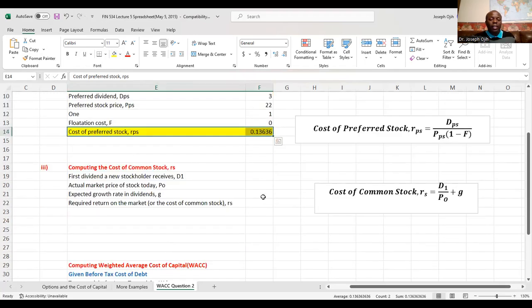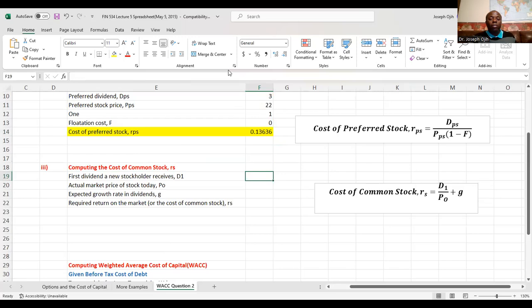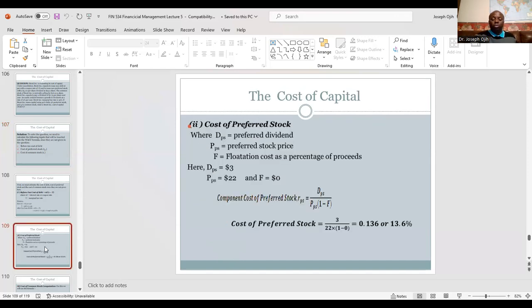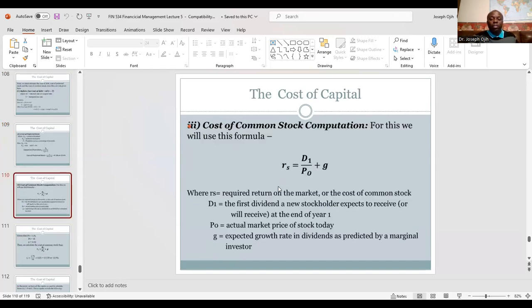Okay, now, the last item that we need to calculate before we actually do the computation of the weighted average cost of capital for this company is the cost of common stock, cost of common shares. So for that, we're going to use this RS equals D1 over P0 plus G, where RS represents the required return on the market or the cost of common equity.